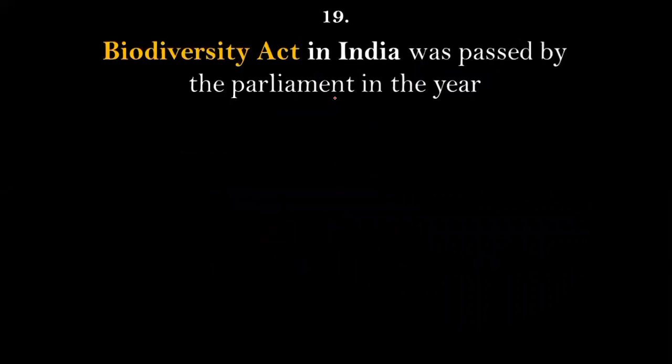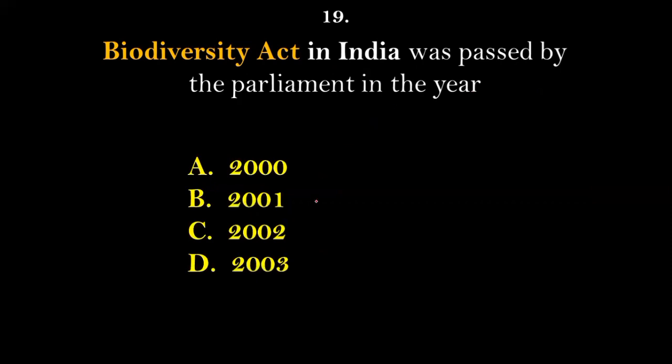Question number 19. The Biodiversity Act in India was passed by the Parliament in the year 2000, 2001, 2002, or 2003. We should keep in mind that the Biodiversity Act in India was passed by the Parliament of India only in the 21st century here, as you can see on the screen.